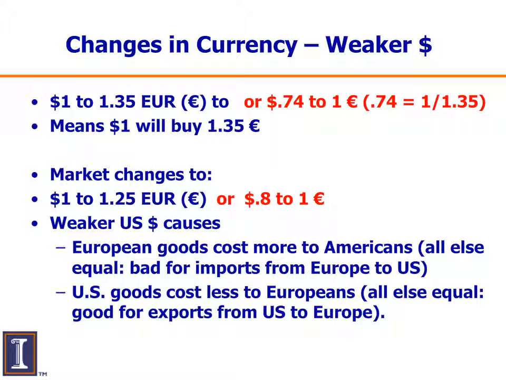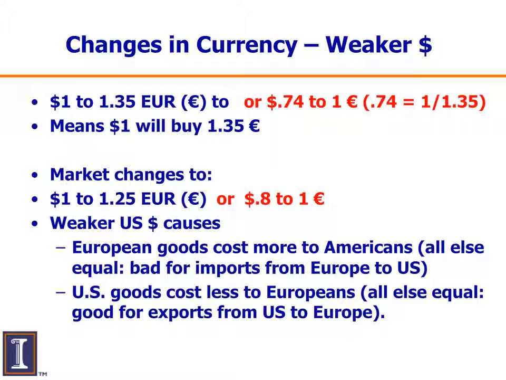With the weakening U.S. dollar, you can buy fewer euros for one U.S. dollar, and again, it's the opposite for the euro. The euro has strengthened relative to the U.S. dollar. But what the weaker U.S. dollar causes is that European goods cost more to Americans.